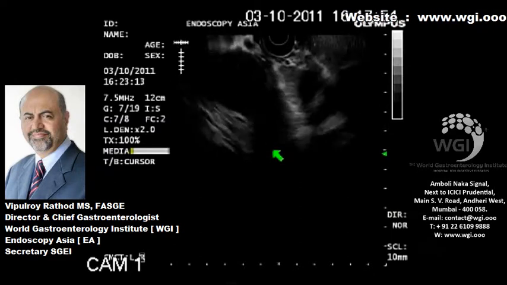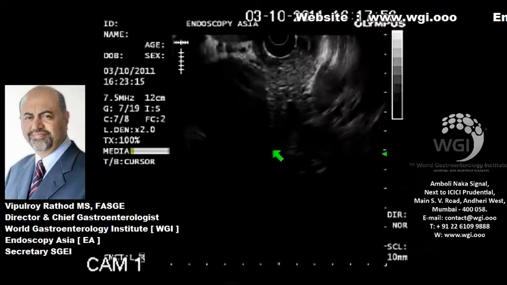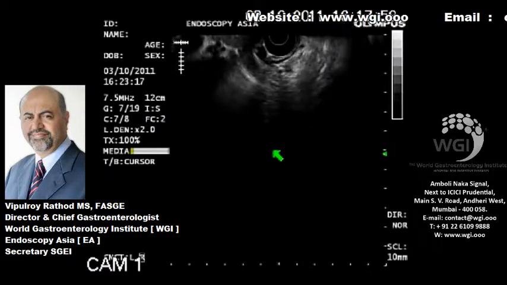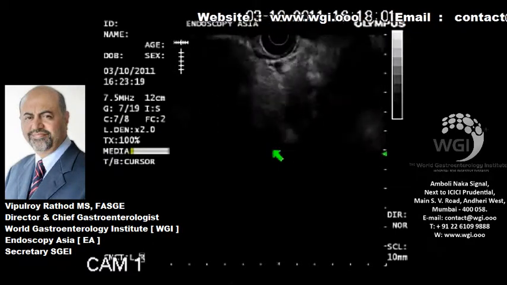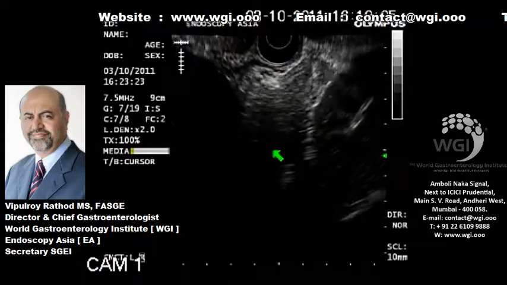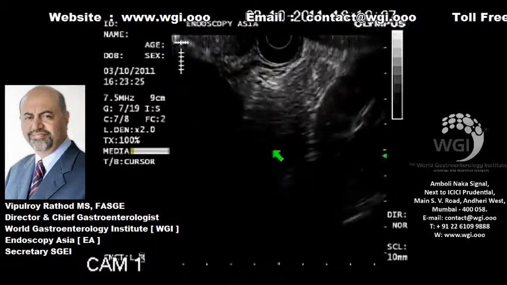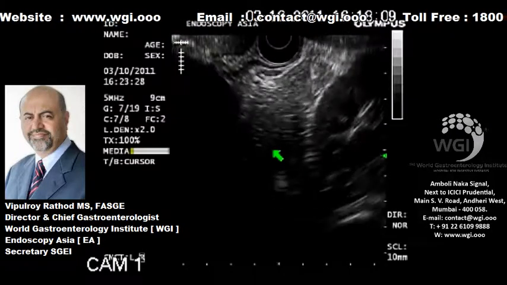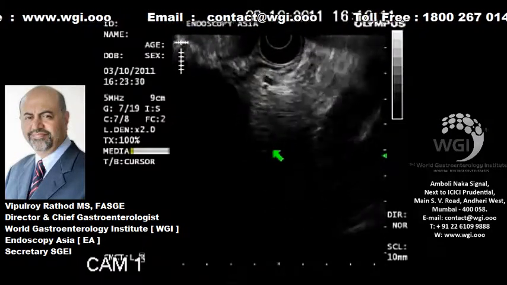We'll try and identify if there is a clear-cut demarcation between pancreas and lesion, which I will magnify and see. And we'll go to the 5 megahertz scanning to get a little deeper into the tissues.